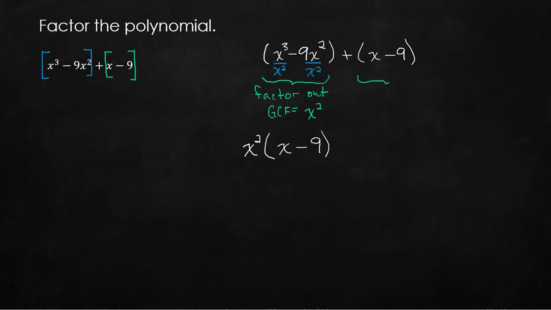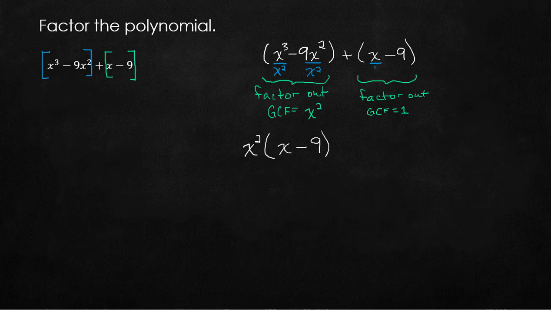And you might notice, well, there really isn't a GCF, because you have x minus 9. So really what we're going to do is factor out a GCF of 1. So if you're looking at it and there's not a greatest common factor, you're probably going to factor out a 1.